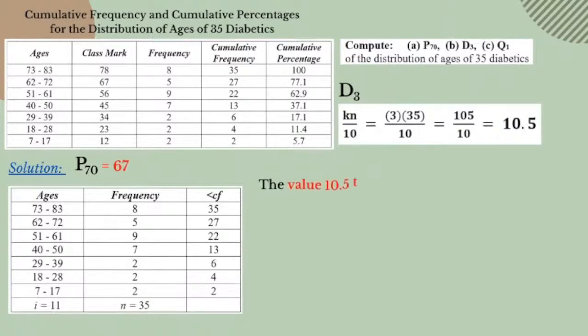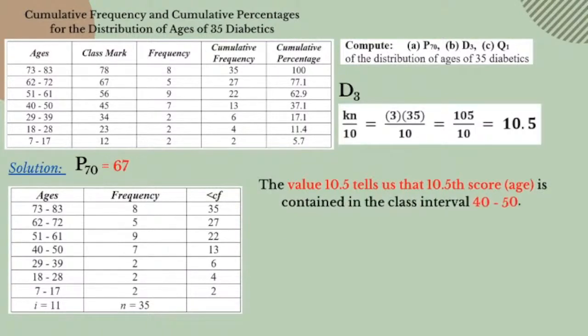The value 10.5 tells us that the 10.5 score or age is contained in the class interval between 40 to 50. Looking at the column for the less than cumulative frequency, 10.5 is above 6 but not higher than 13.